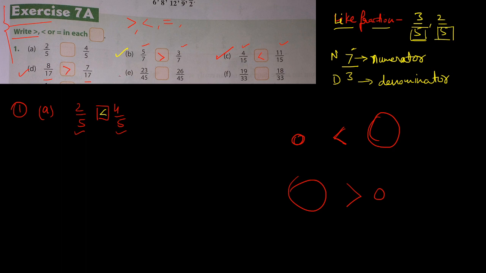Then in part E, 23 upon 45, 26 upon 45. 45 and 45 are the same. Look at 23 and 26. Which is greater? 26 is greater. So we will say 26 upon 45 is greater. In question F, again the denominators are the same, 33. Look at the numerators 19 and 18. Which is greater? 19 upon 33.